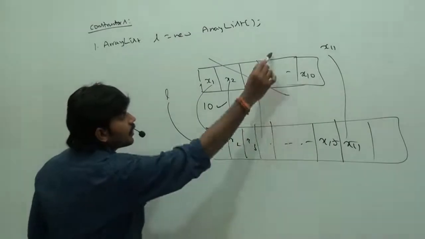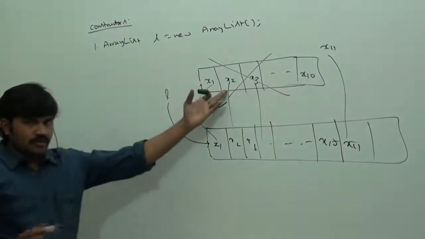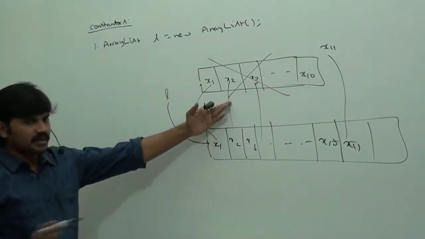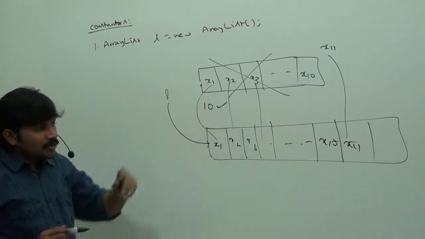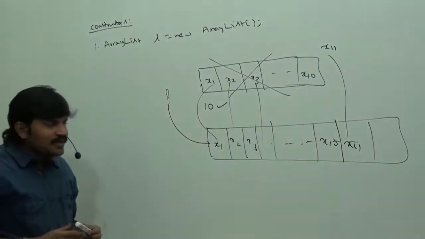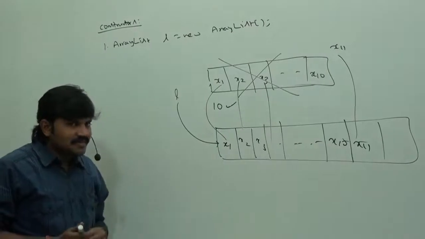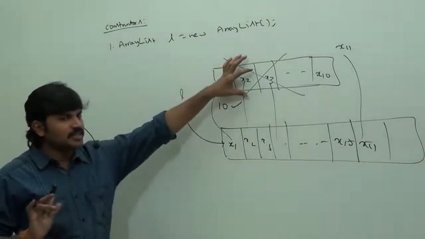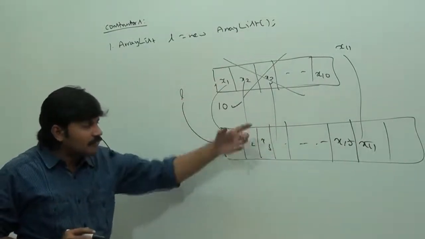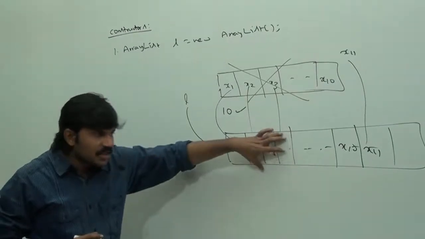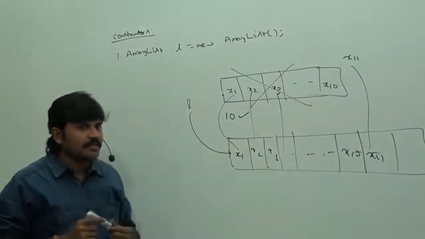The old object is by default eligible for garbage collection. I explained this concept in the last classes, right? But my doubt is, what is the capacity of this newly created ArrayList?